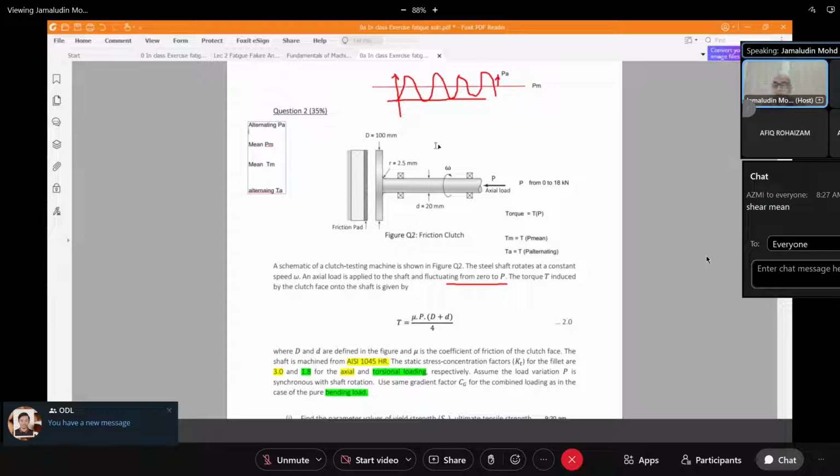I hope somebody will answer in the chat. All right, alternating as a loading, what will it produce? It's going to produce sigma alternating, sigma mean, shear alternating, and shear mean. Please, somebody. One more, alternating axial loading. Please, somebody, or I'll call somebody.